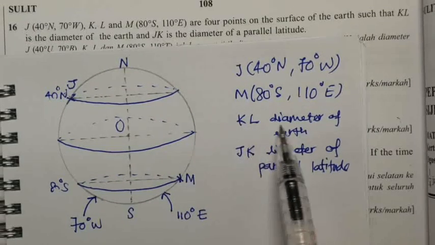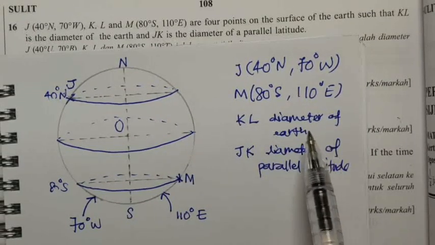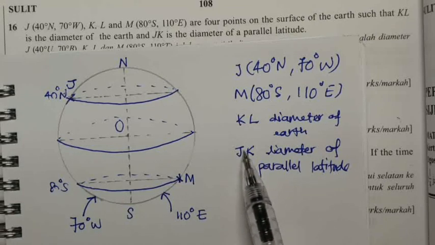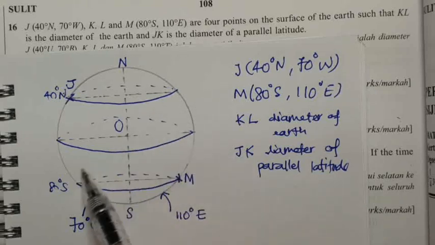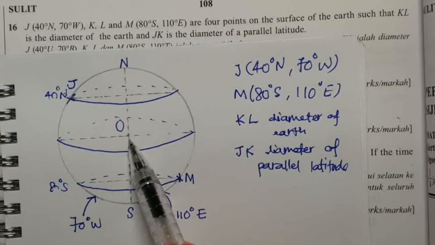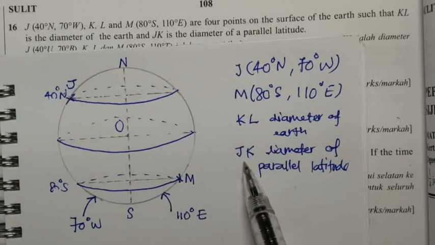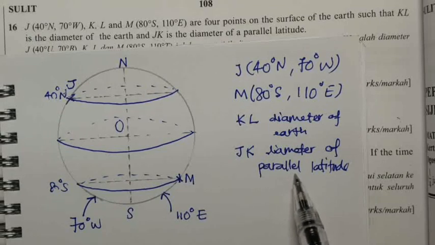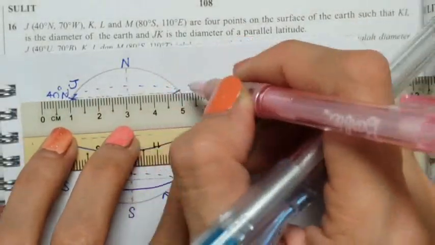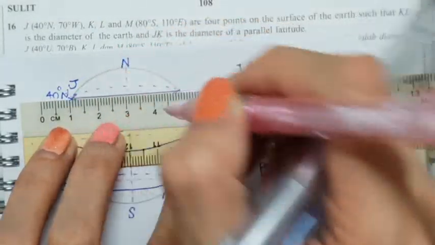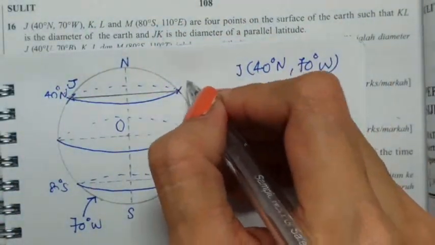It says KL is the diameter of the earth. Now, I do not have K and L, and I don't know where to mark, because it can be anything as long as it passes through the center of the earth. But over here, J to K is the diameter of the latitude. That means J and K are the diameter of this latitude, so my K will be here.